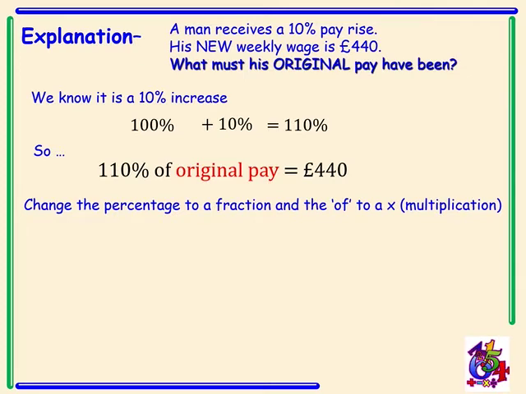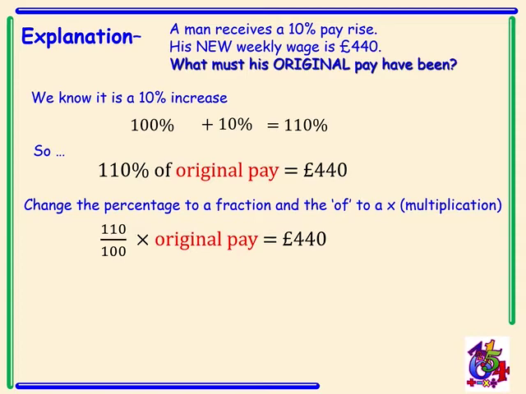So if we change the percentage to a fraction and the "of" to a multiplication, we get 110 over 100. To put it into a calculator, you would have divided by 100, times the original pay, equals 440.